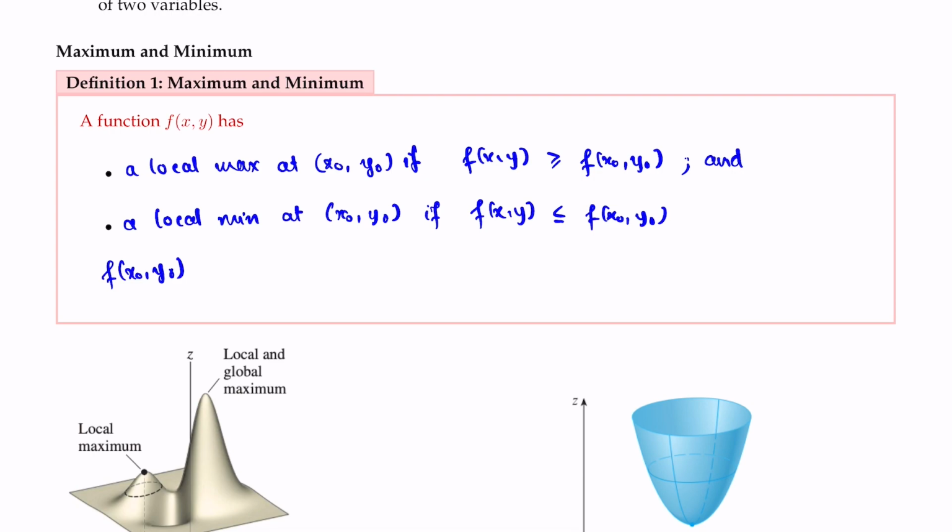And f of x0, y0 is called a local max or min value, or you can call it a local extreme value.